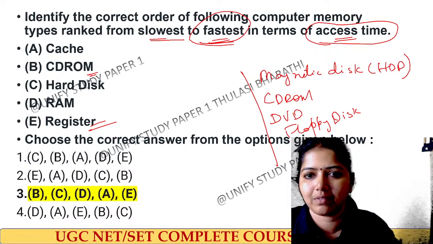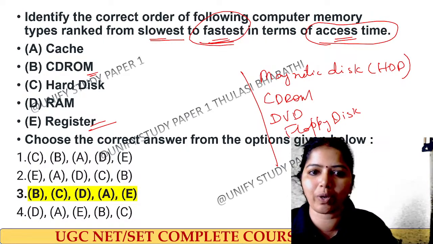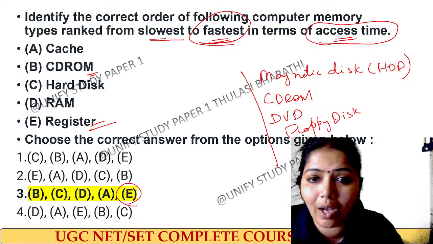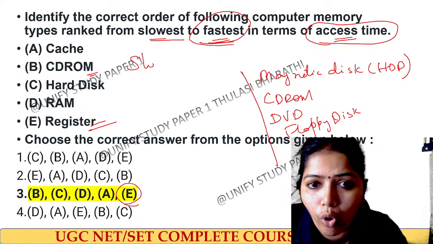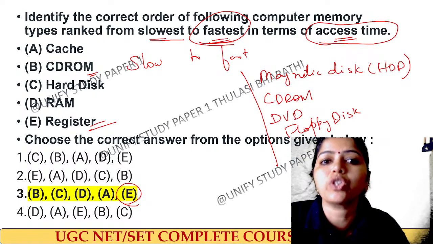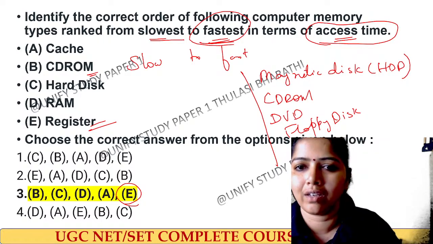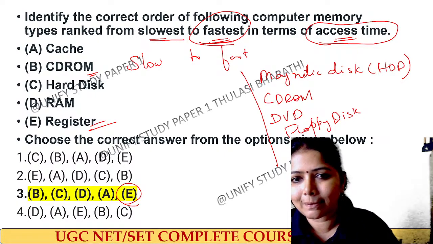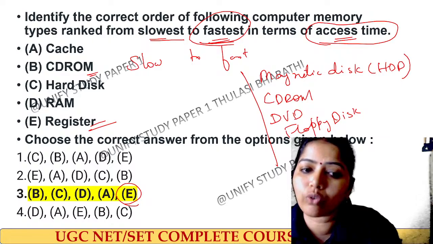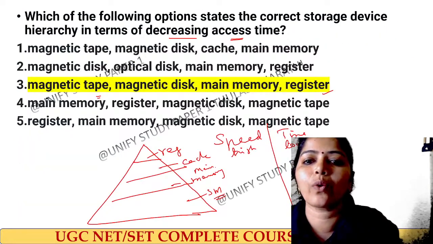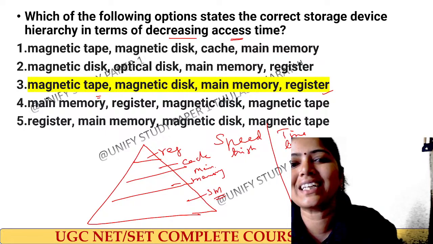Which one will be quickly accessed? That is register. So that should come here, because the question is from slow to fast. Quickly accessed is register. That's why it comes here. In the previous question, the question was with respect to decreasing access time.